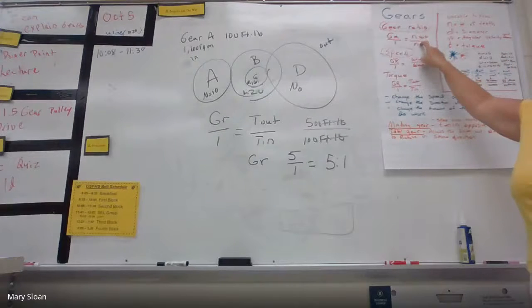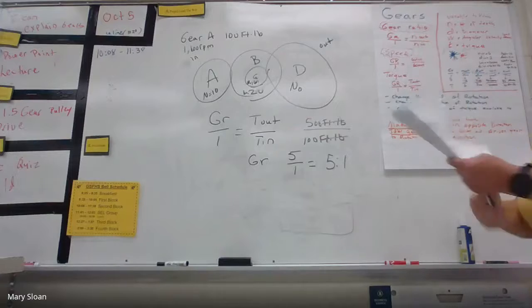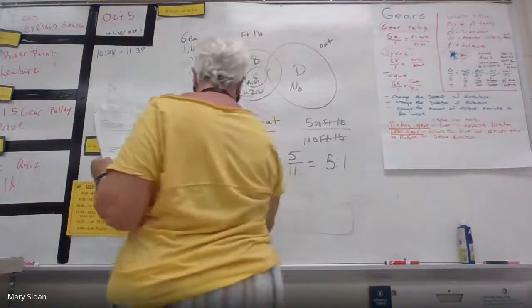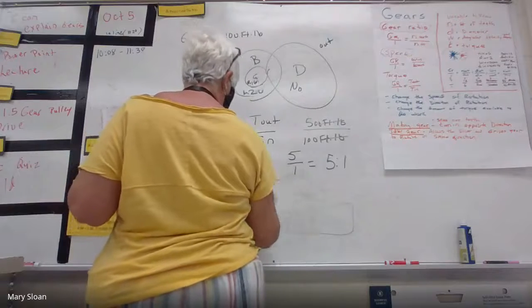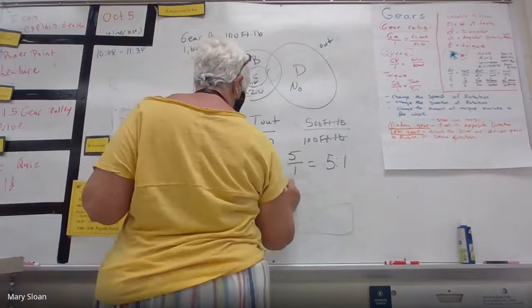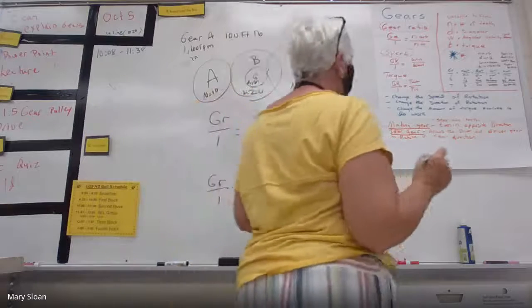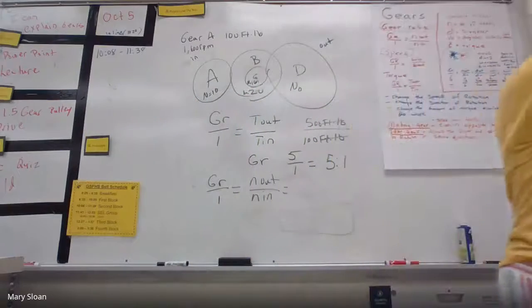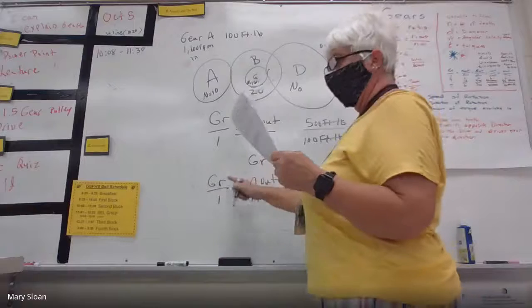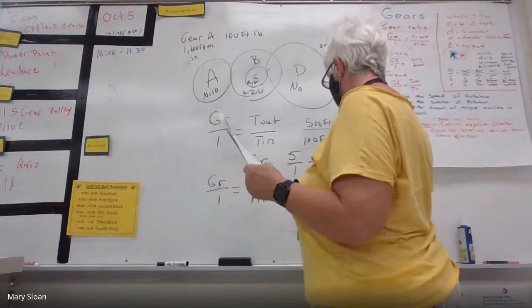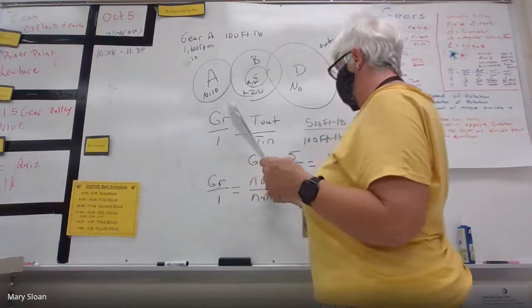Oh. We would use this one, yeah. Okay, so GR over 1 equals number out over number in. Okay, what was my gear ratio to start with? Okay. It's 5. Right. So our gear ratio was 5 to 1. Okay, what's my number out?